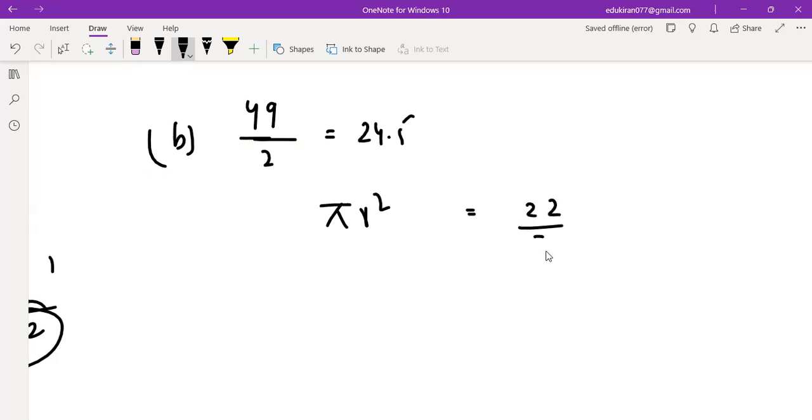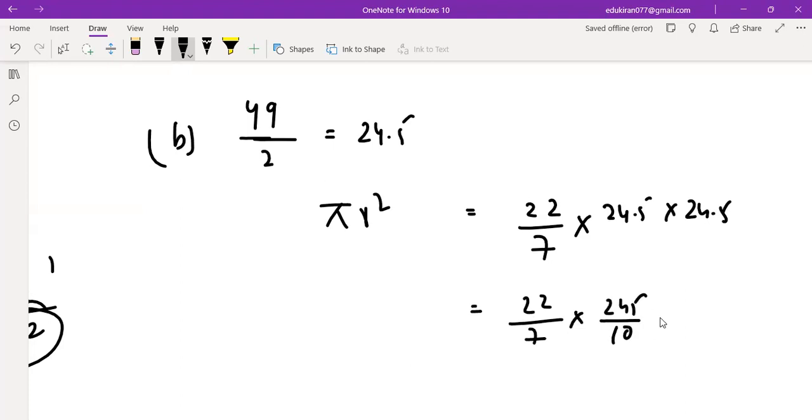Now pi r square, right? So pi 22 by 7 multiplied by 24.5 multiplied by 24.5. So what I do is cancel it. 22 by 7 multiplied by 245 divided by 10 multiplied by 245 divided by 10, right? So 7 1s are 7, 7 3s are 21. Then 7 5s are 35. Now what you can do?